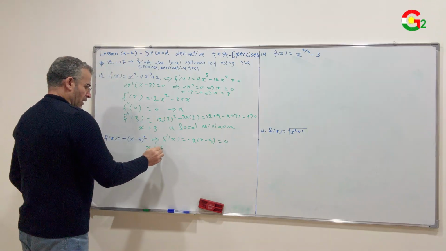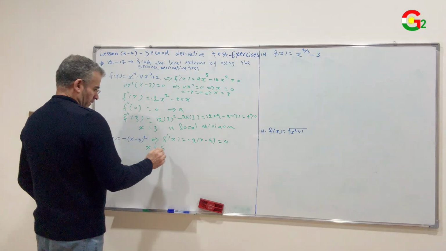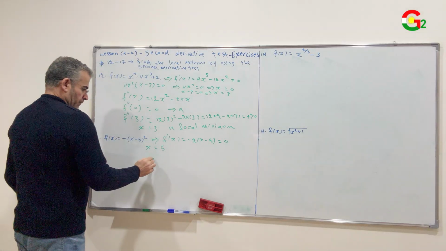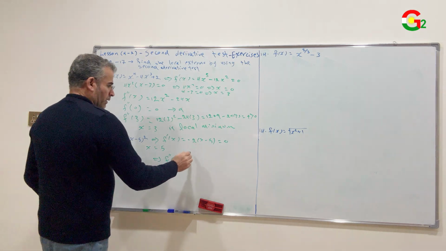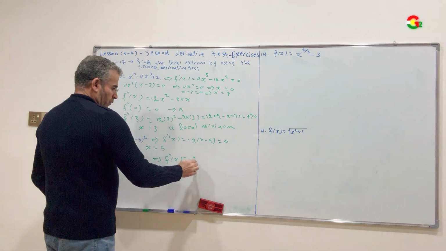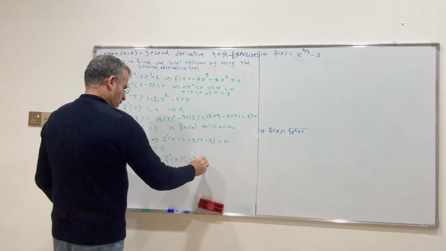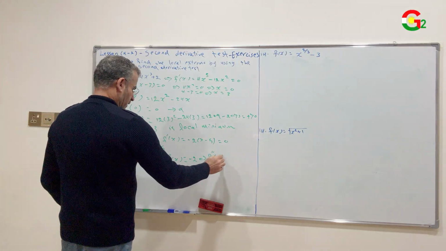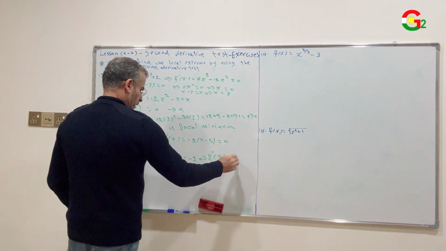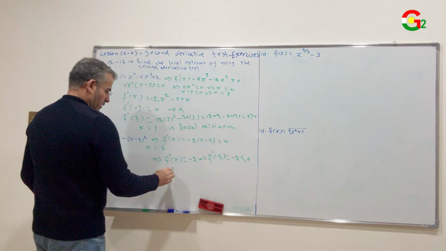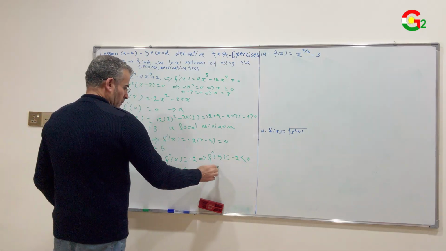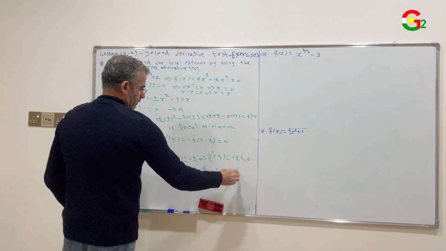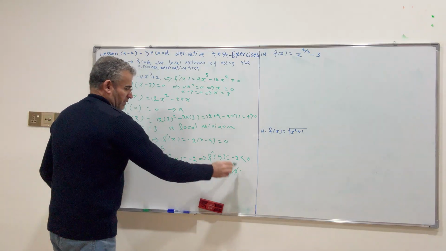Then x equals 5 is the critical point. f double prime of x equals negative 2, then f double prime of 5 equals negative 2, less than 0, then x equals 5 is a local maximum point for this function.